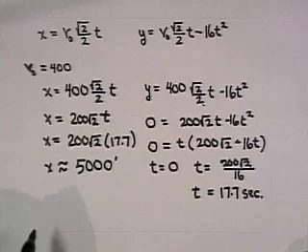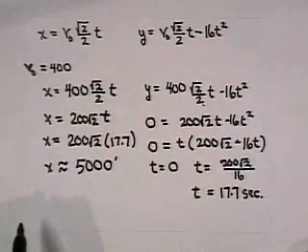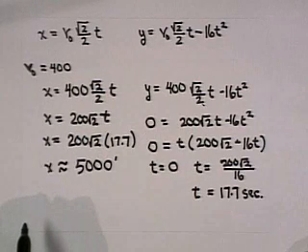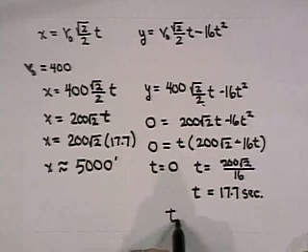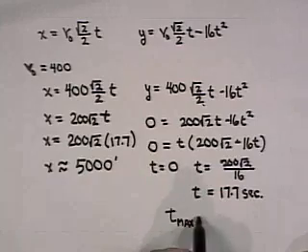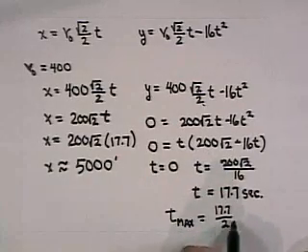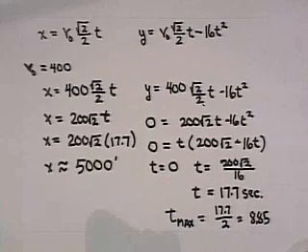Now, the maximum altitude, because we know that a projectile travels in a parabolic path, will happen at exactly halfway through the flight. That means that t, for the maximum, will occur at 17.7 divided by 2, or about 8.85 seconds.